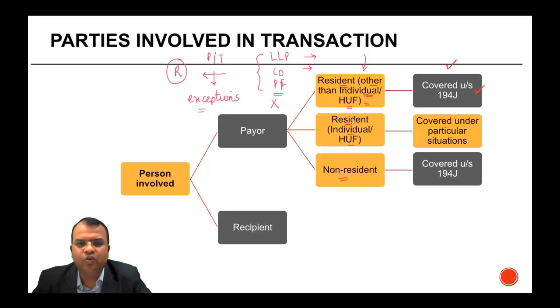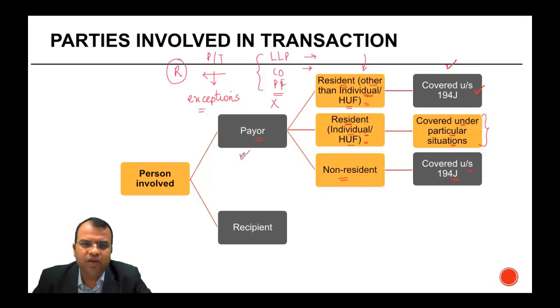A resident who is an individual or HUF may or may not be covered. They are only covered under certain particular situations. Which situations are these? I will discuss that in a short while. A non-resident payer, of course, is covered under section 194J.